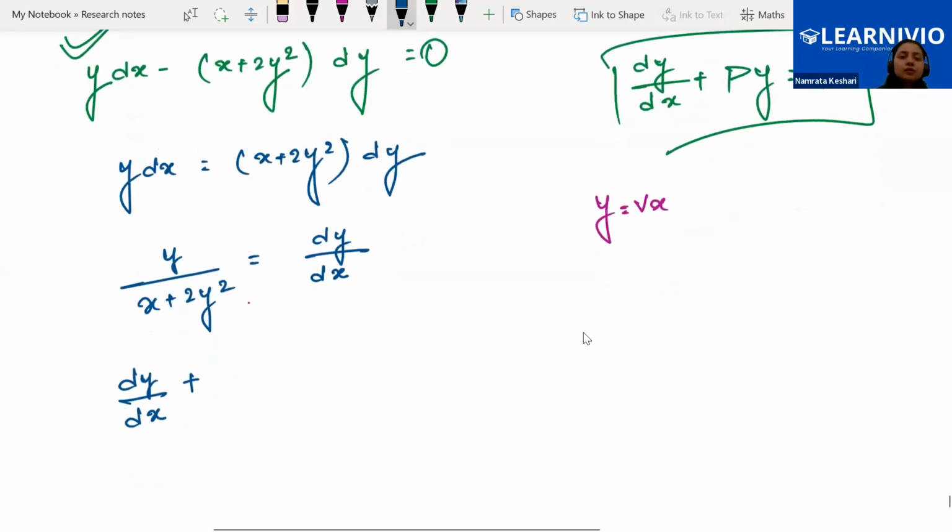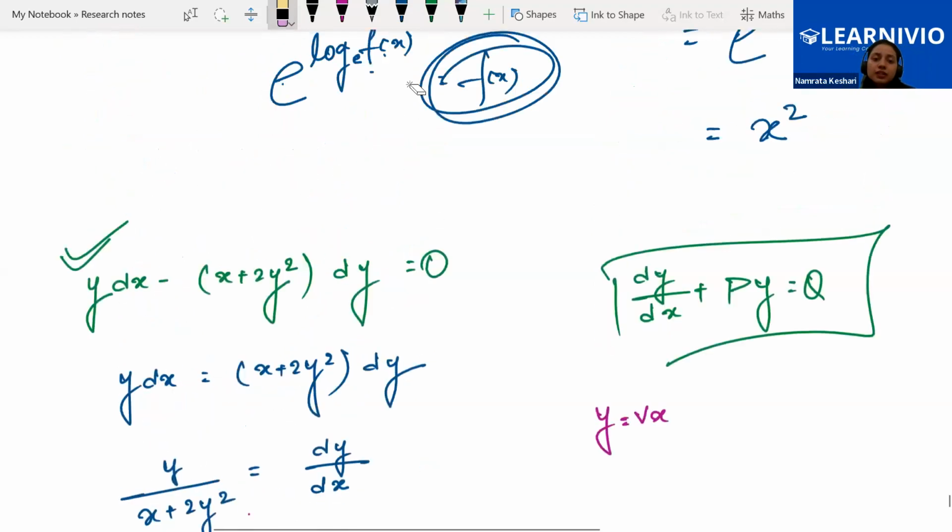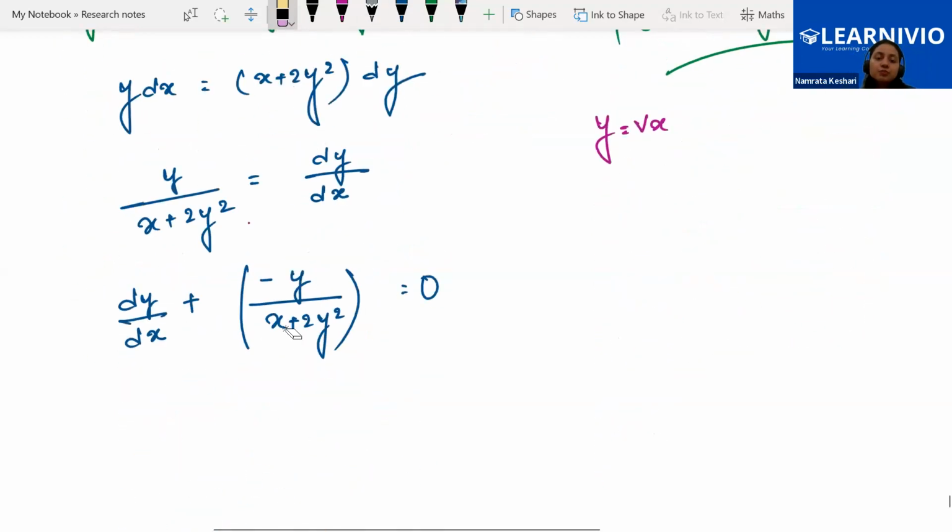If we take it on this side, we will have minus y by x plus 2y square, and on the other side we can take 0, but we are not getting py. Q can be 0 also, or maybe a function of x, but here still we are not able to make it, so we will think about the approach which may help us.